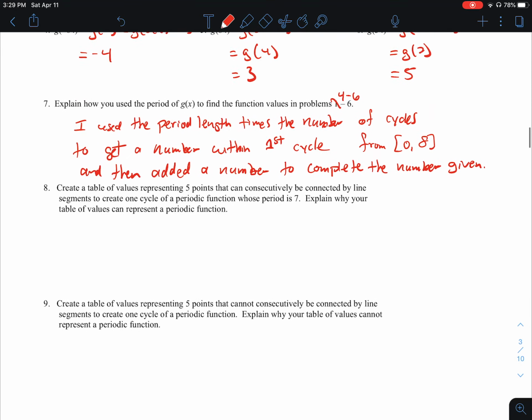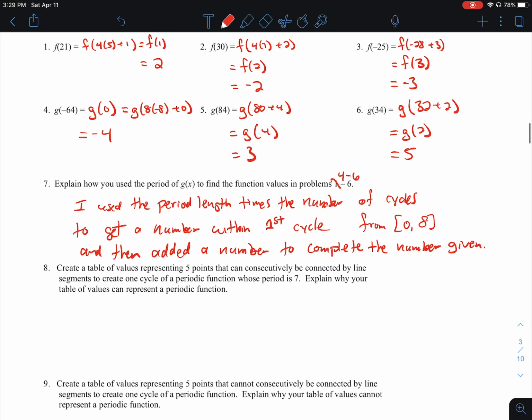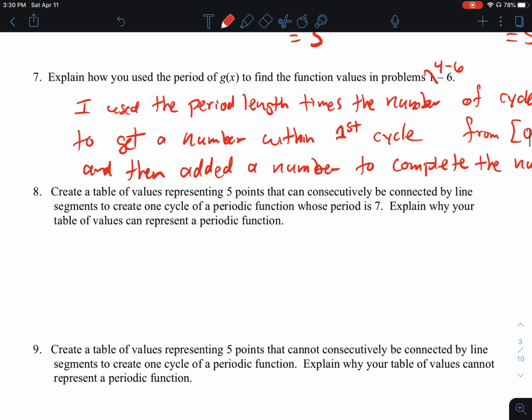Moving on. Create a table of values representing 5 points that can consecutively be connected by line segments to create one cycle of a periodic function whose period is 7. Explain how your table of values can represent a periodic function. All right. So this is completely separate from question 7.